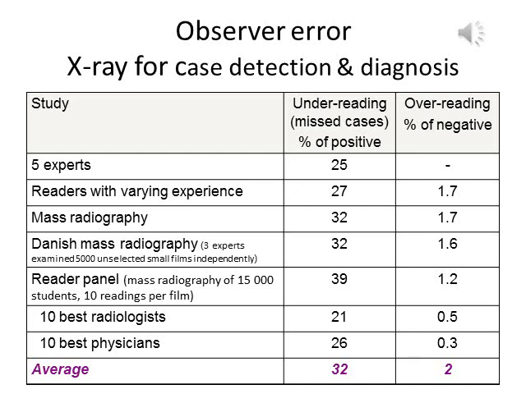Conversely, only 1.2% of the films were overread. When only the results of the 10 best readers, including 5 radiologists and 5 chest specialists, were considered, the rates of underreading and overreading were appreciably lower, but still unsatisfactorily high.